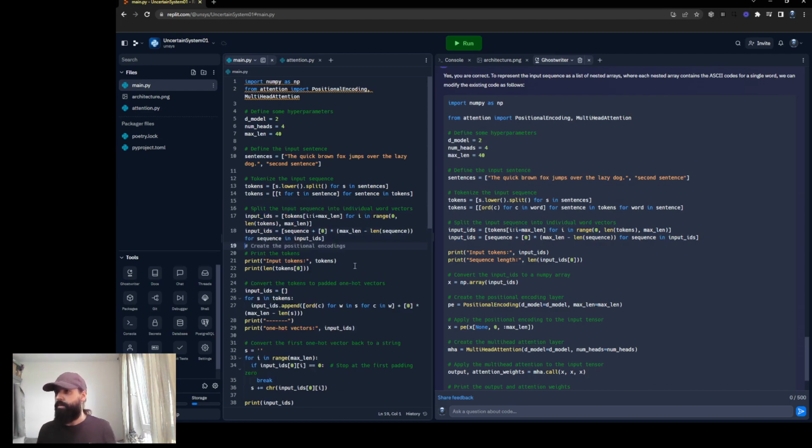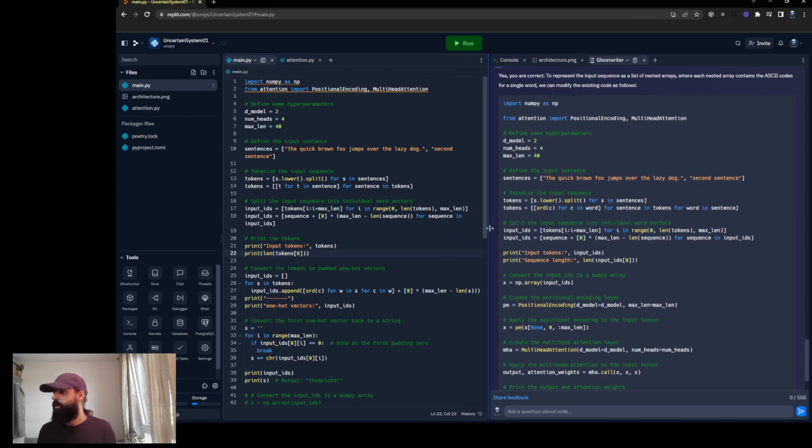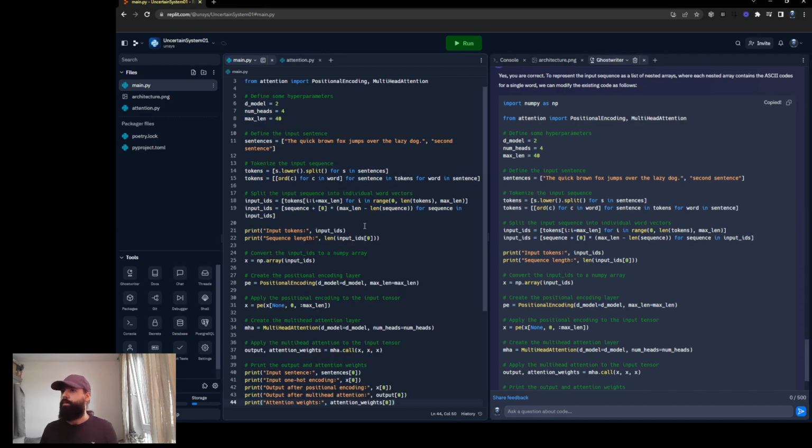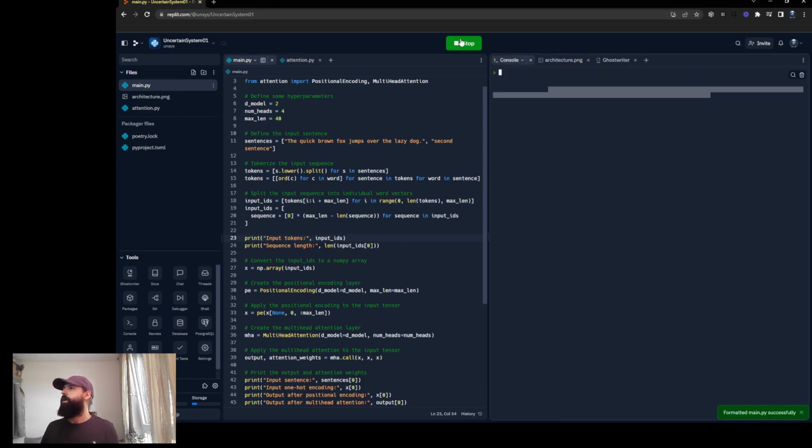So we have that extra step, input IDs. Let's just copy the whole thing and paste it here. Let it run, see what we get.